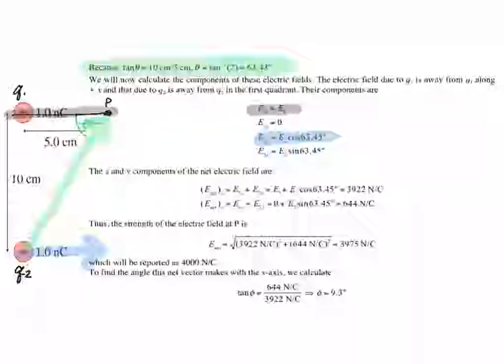So if this is E2, then E2X is that blue part. It would be E2, which is that charge, 1 nanocoulomb over whatever that distance, square root of 10 squared plus 5 squared, or 0.1 and 0.05, because they have to be in meters, all right?